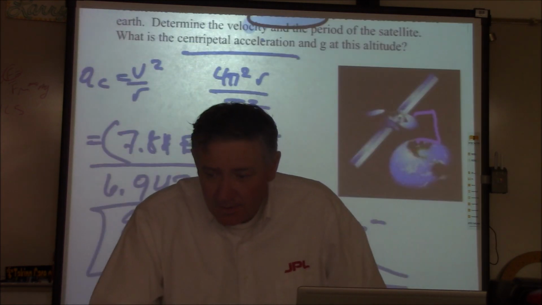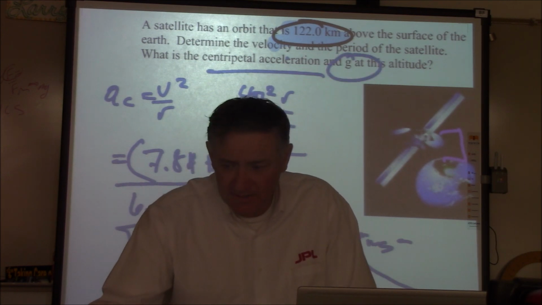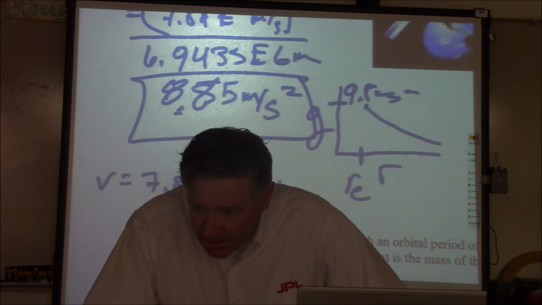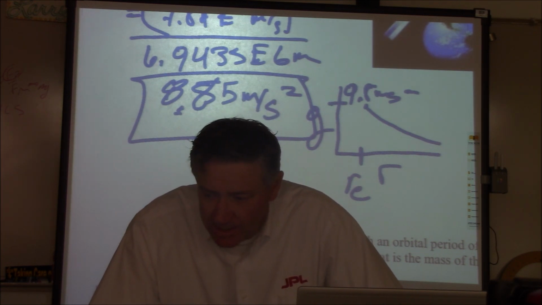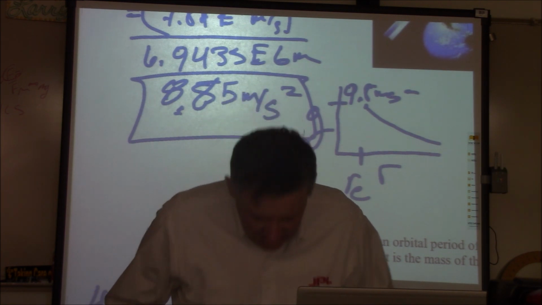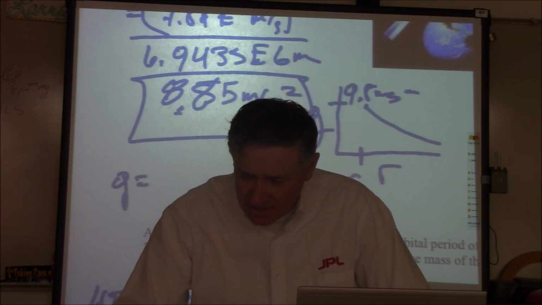Now, here's the last thing that we have to calculate. We need to calculate little g. So now we're going to figure out exactly what this number is. There's only one way that you can calculate little g. Little g is going to equal big G, mass of the Earth, over r squared.